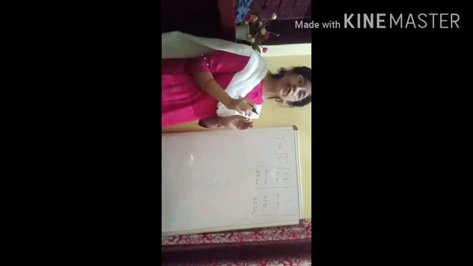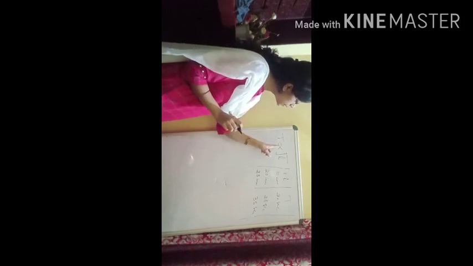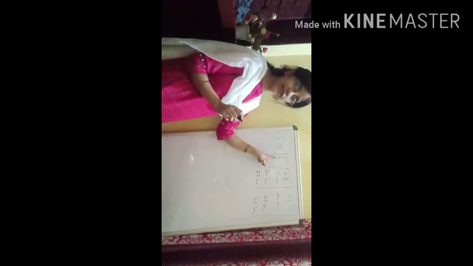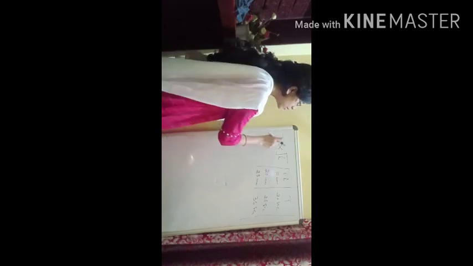Actually it is the root of L, the square root of L. Now we will see this one by one. The time period depends upon the effective length as the square root of the effective length. First, what does this symbol mean? I think many of you already know that this is the symbol of proportionality.